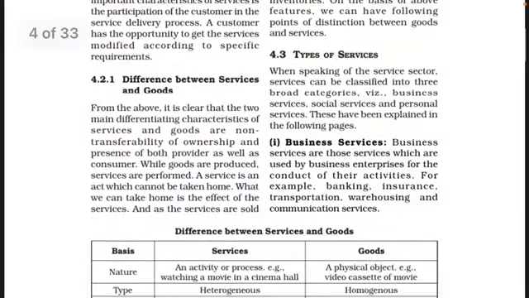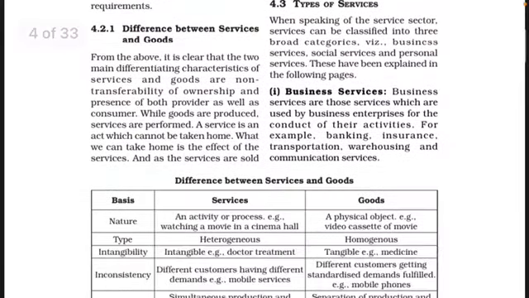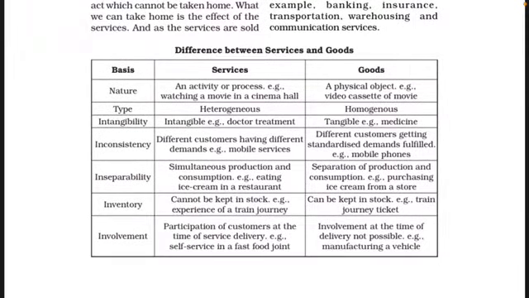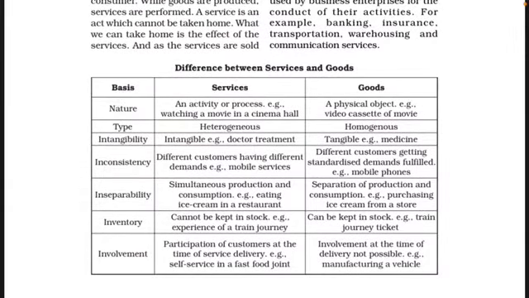Now next one is difference between services and goods. See, a table is given over here. It's also given in your book, the various kinds of difference between service and goods. So let's see. The first difference is on the basis of nature. On the basis of nature, service is an activity or a process, for example, watching a movie in a cinema hall or advice from a doctor.